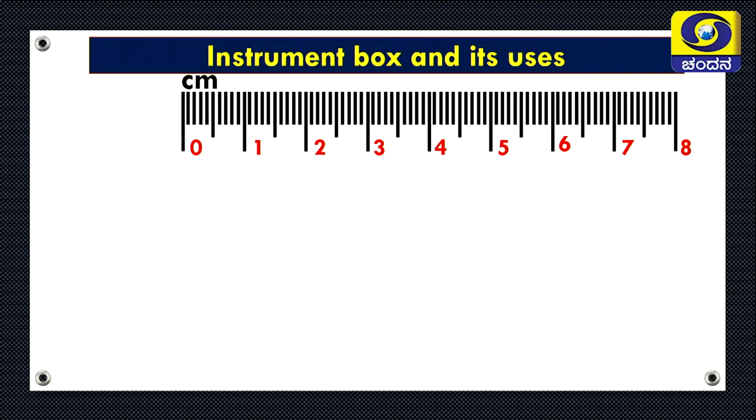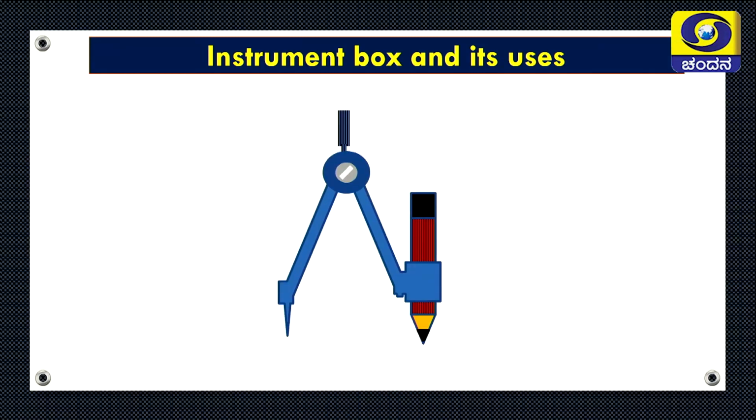First one is a ruler or scale. It's also known as straight edge. A ruler is used to construct straight lines and measure the length of a line segment. It can also be used to measure the distance of the object. Next one is a compass. It's a V-shaped tool that holds a pencil on one side of the V and a pointer on the other side.